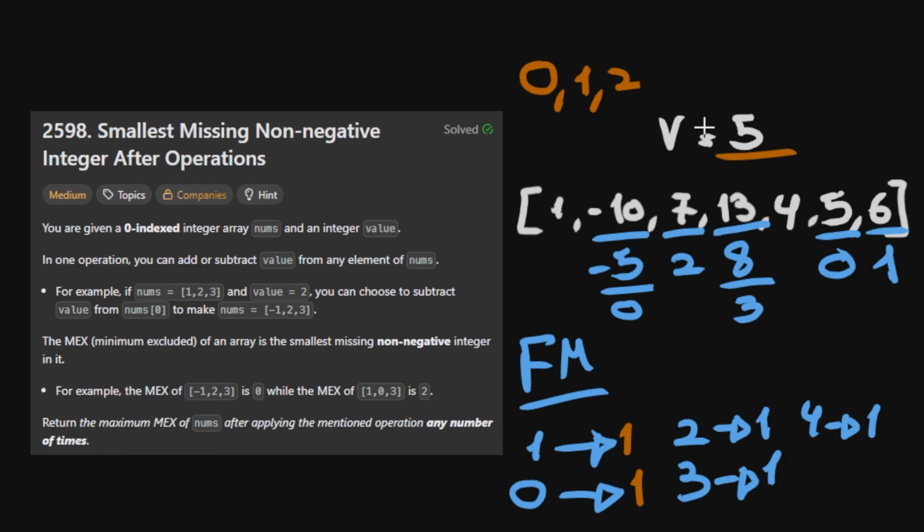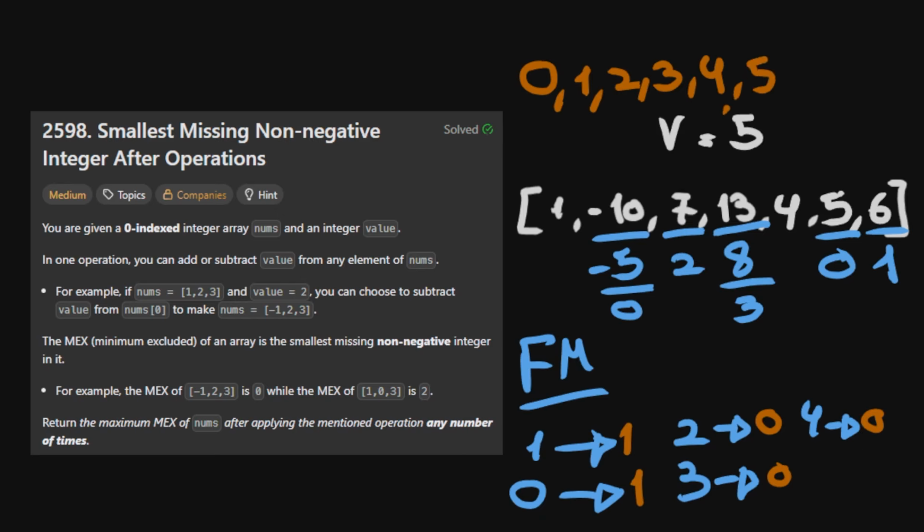And now we are looking for 2. 2 modulo 5 is 2, so we are looking for 2's here. We have 1 available, so we are using this. This is 0. And we continue with the next number, 3. 3 modulo 5 is 3, so we are looking for 3 here. We have 1 available, this is now 0, we continue with 4. 4 modulo 5 is 4, we have 1 here, so this is 0, we continue with 5.